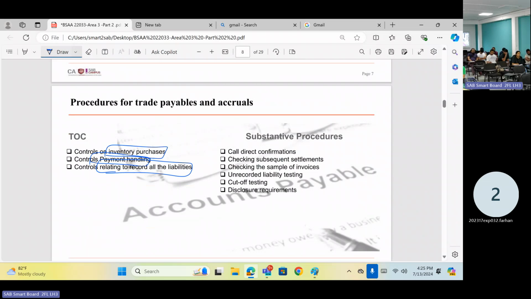Basically, trade creditors relate to purchases. Once you are doing credit purchases, trade creditors increase. So the related controls over credit purchases will definitely increase this balance. Because of credit purchases, we have this trade creditor. Keep that in mind.